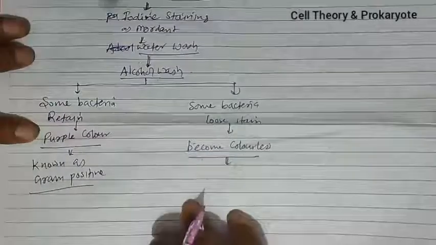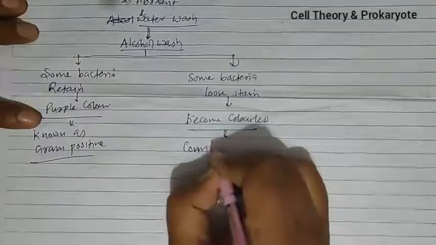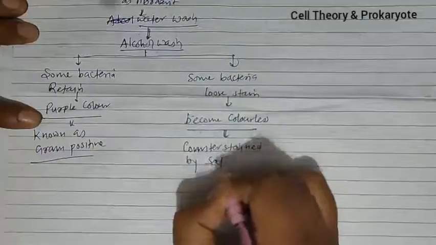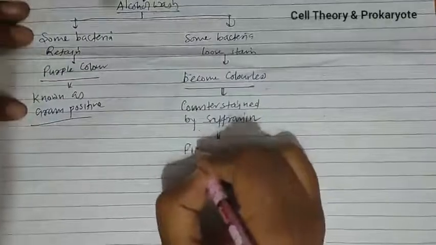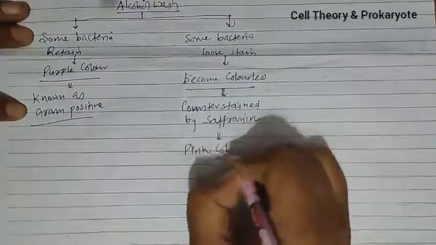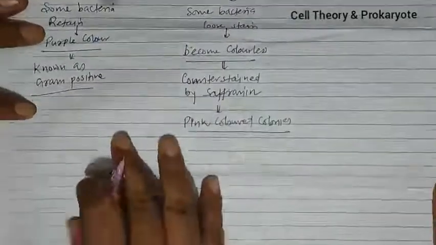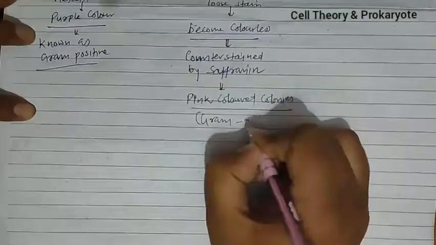They are then counterstained with safranin, and when counterstaining occurs with safranin, they give a pink color. These pink colored bacteria are referred to as gram negative bacteria, because they have lost the gentian violet stain.